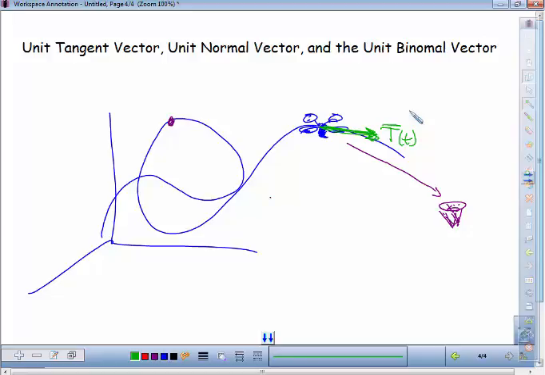Now, based on our stuff that we were doing last time, we have a second vector, the unit normal vector.